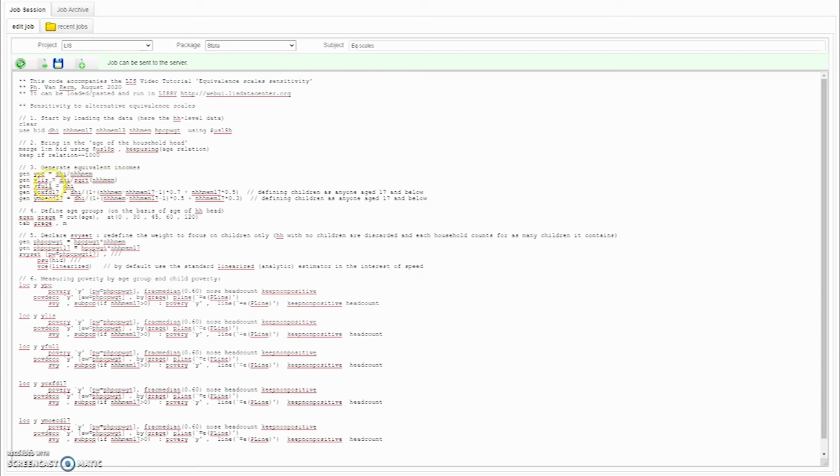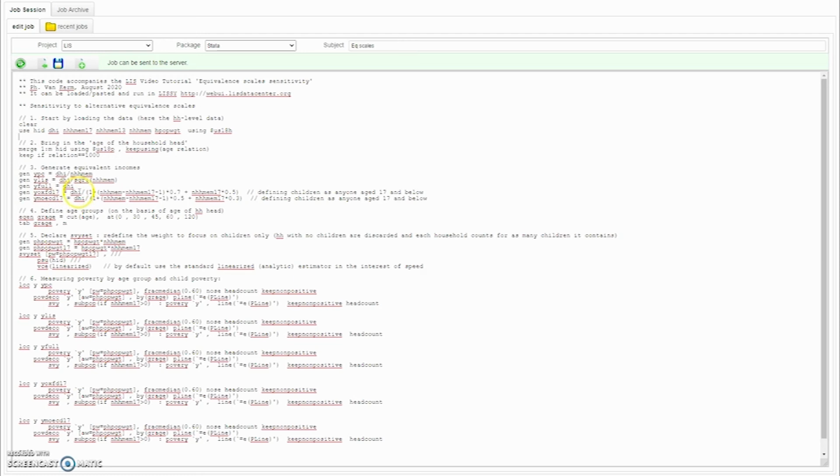We are also going to consider the other extreme equivalence scale, where there's perfect economies of scale, so everyone in the household benefits from the full household size, so the total household income is not divided by anything. And then we consider the Oxford scale and the modified OECD scale.